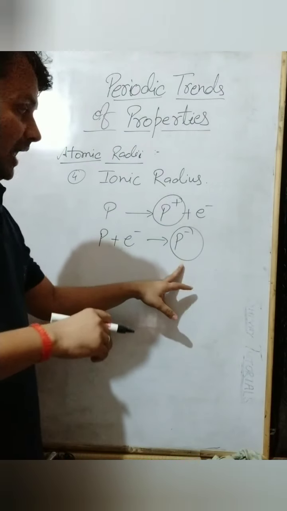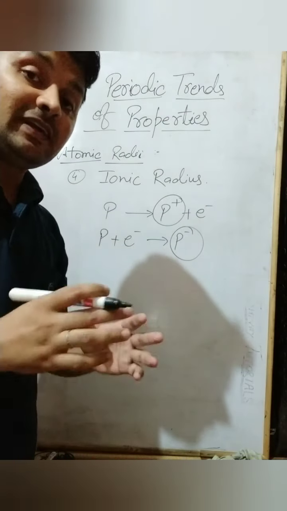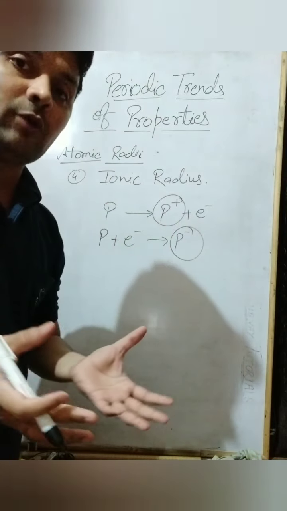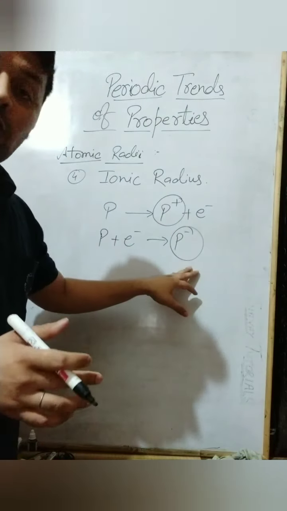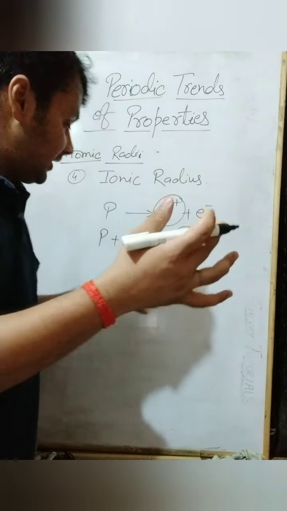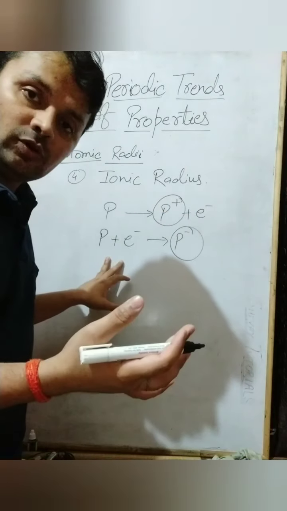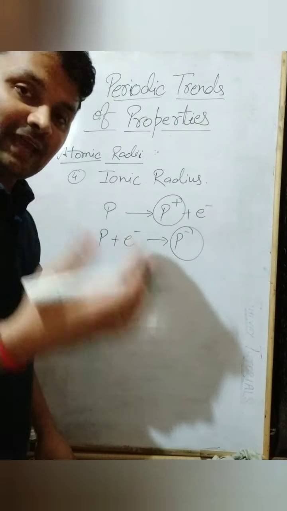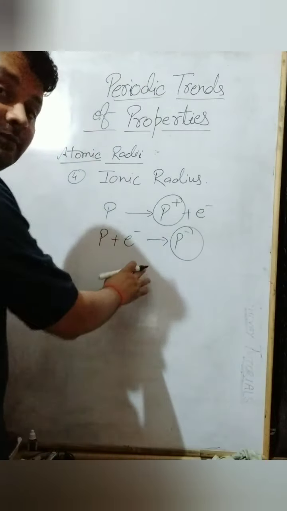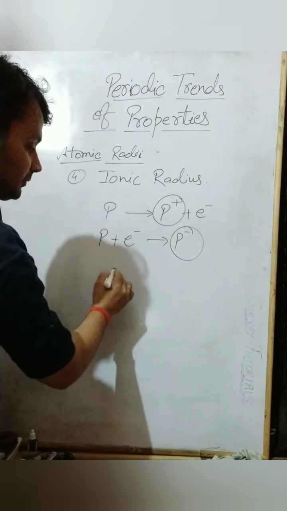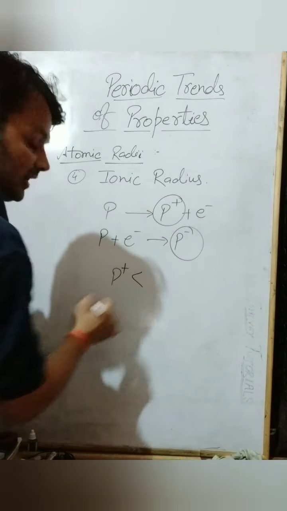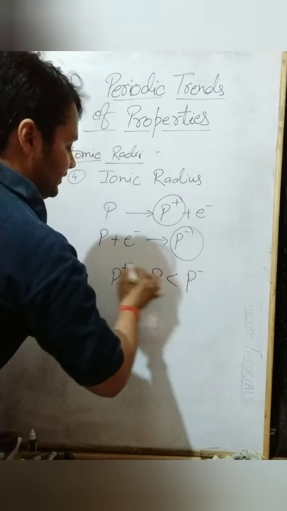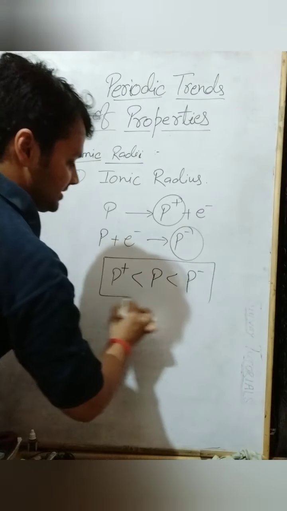Then the nuclear charge effect will decrease and the electrons show repulsion in the same orbit. So the atomic size will increase compared to the normal neutral atom. If we write the radii of the same atom in cation form, anion form and neutral atom, this will be the sequence: the cation will have a smaller radius than the normal atom, and the anion will have the greatest radius of all.